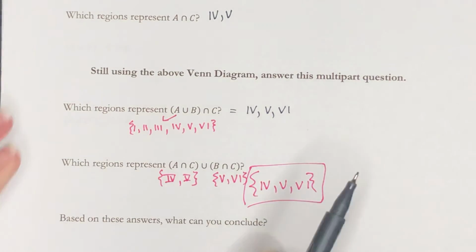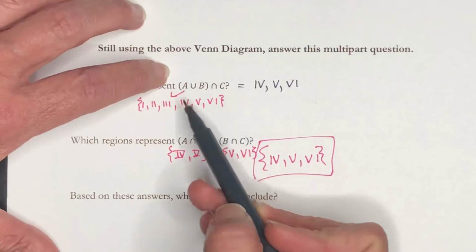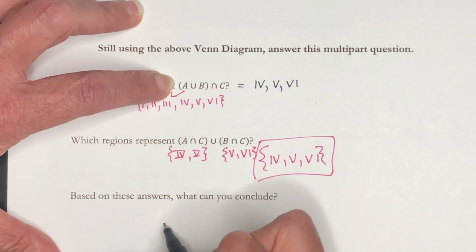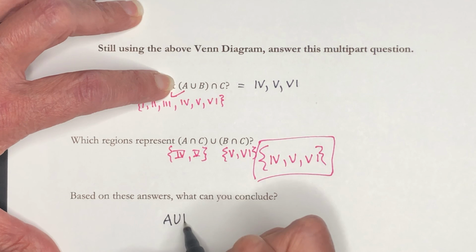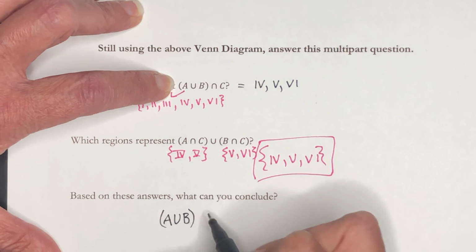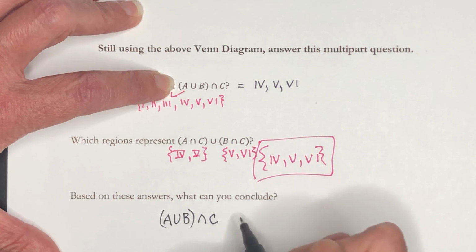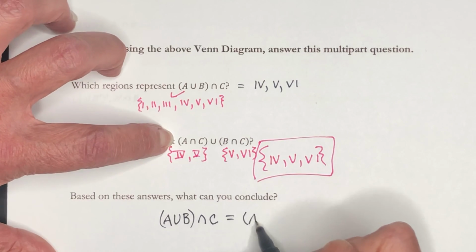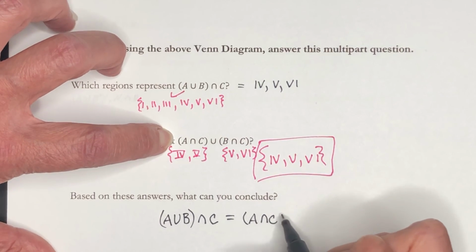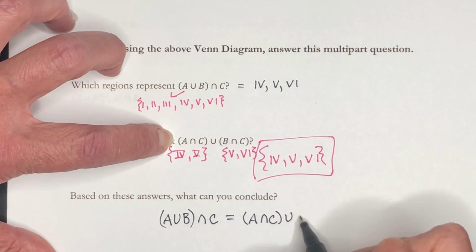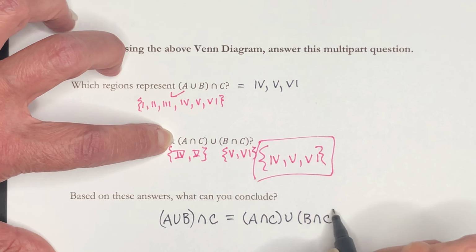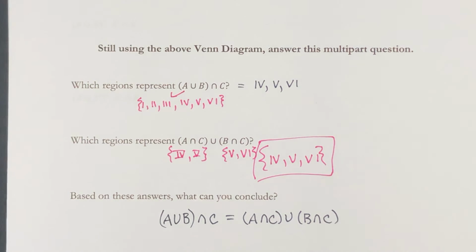So that tells me that this is equivalent to this. A union B, in parentheses, intersected with C, is exactly the same as A intersected with C, union B intersected with C. So those are the same.